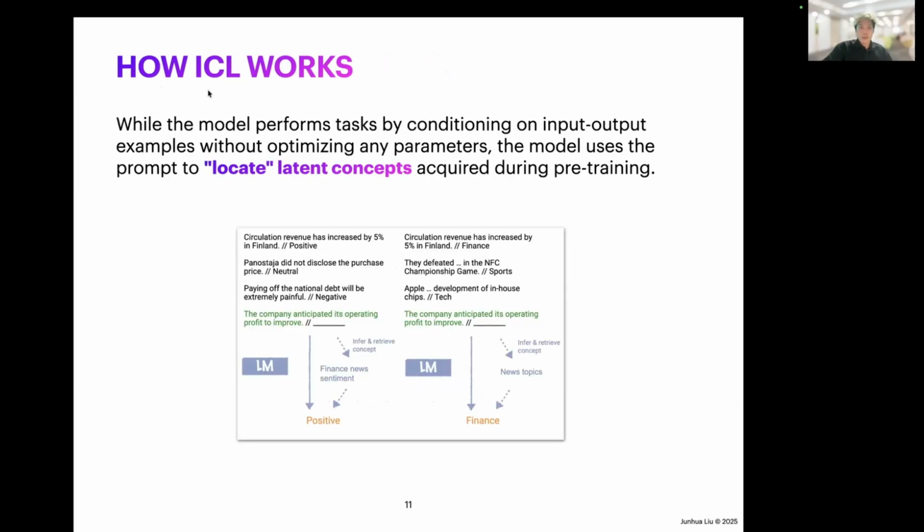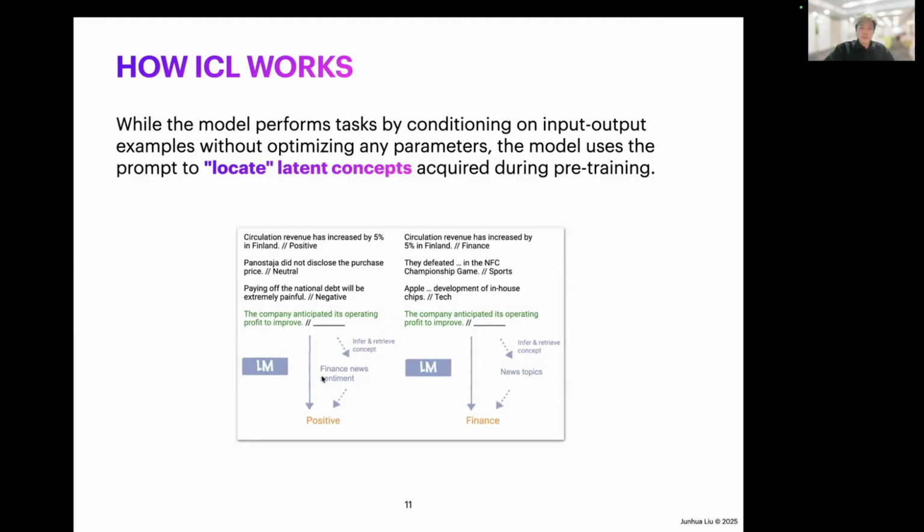Now let's talk about how in-context learning works. While the model performs tasks by conditioning on input and output examples without optimizing any parameters, the model uses the prompt to locate the latent concepts acquired during pre-training. Let's say we give these three examples before we ask the LLM to answer this query.